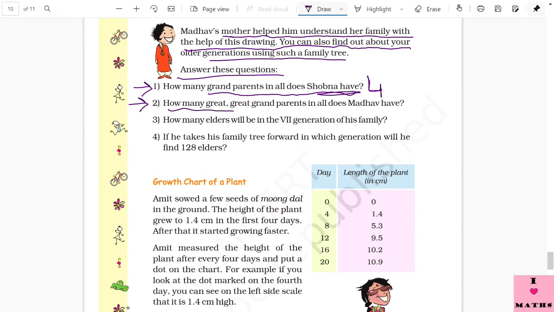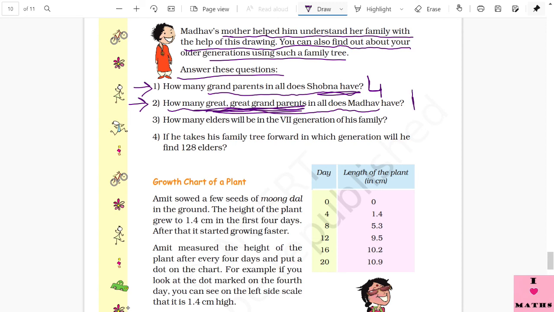Question number 2. How many great grandparents in all does Madhav have? Okay children, great grandparents.